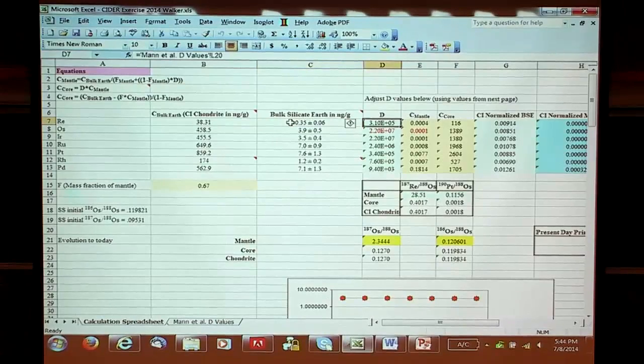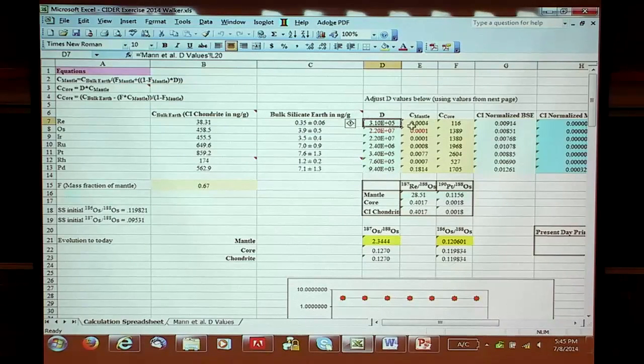This column labeled D value, this is what you want to vary. Very simple. If you look at the box, it refers to the next page of D values. All you need to do is change that final digit or final 2 digits in this box to change the distribution coefficient to the set of conditions that you'll be assigned.